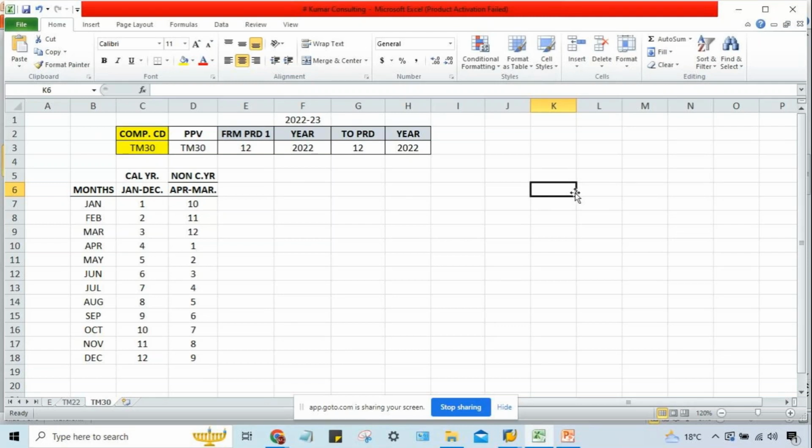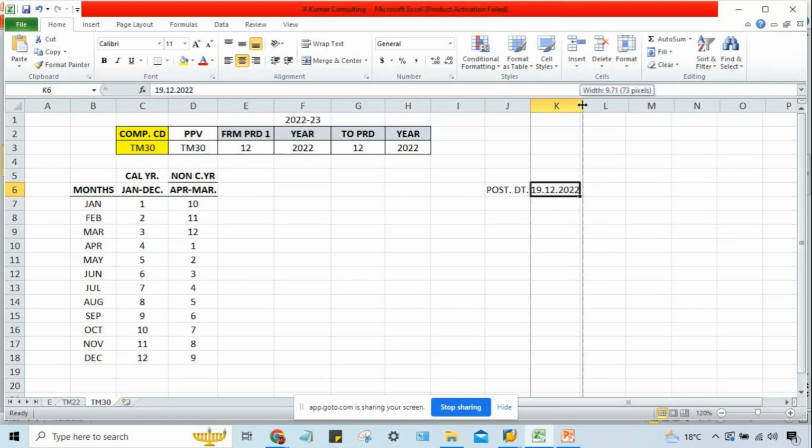I don't know for us what is happening. If you talk about the date today, it is 19th of December. So when somebody is going to post a transaction today, that user is going to give this date in the posting date.